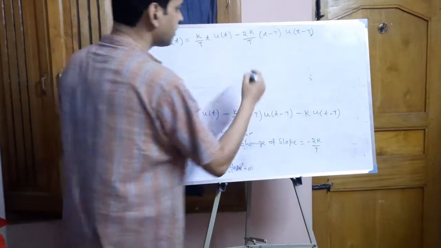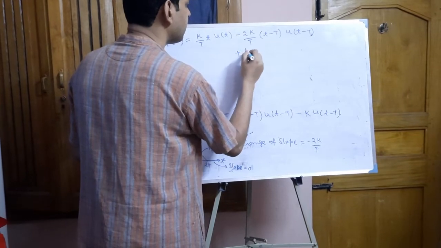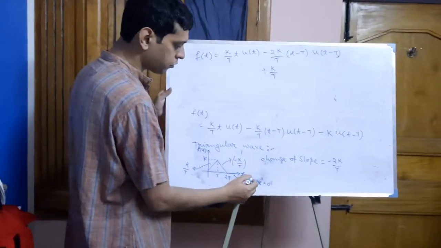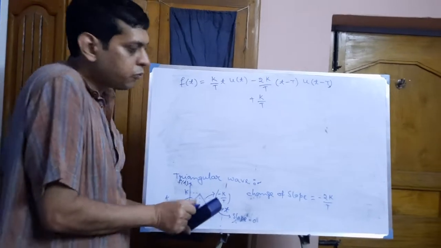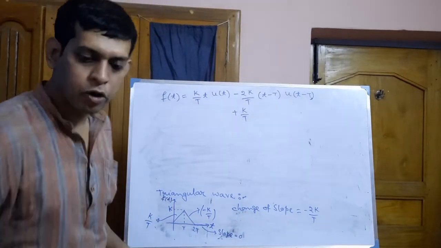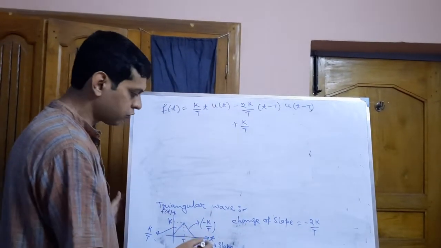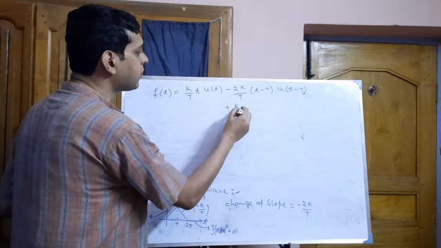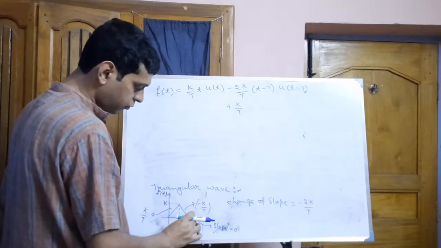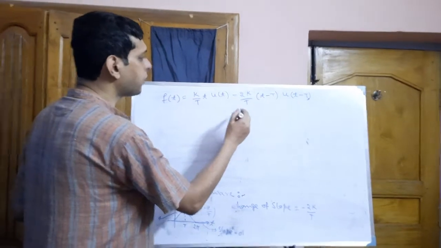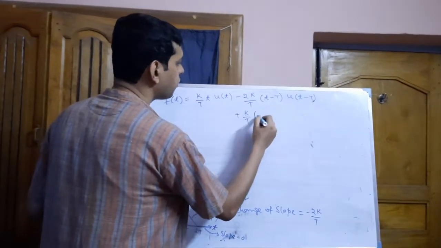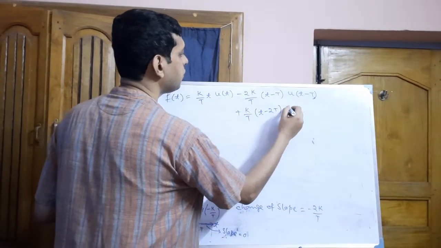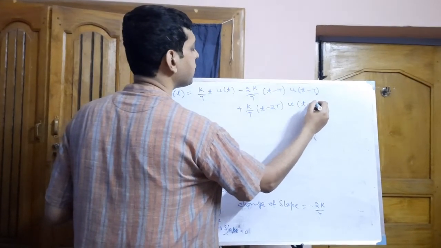Okay, then we have to add another component, that is k by T, the change of slope. Okay, now we have to add another function for this change. The slope changes from minus k by T to 0. So we have to add another straight line with slope k by T. So (k by T)(t minus 2T) u(t minus 2T).